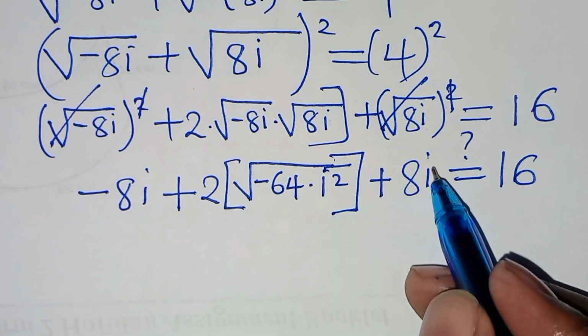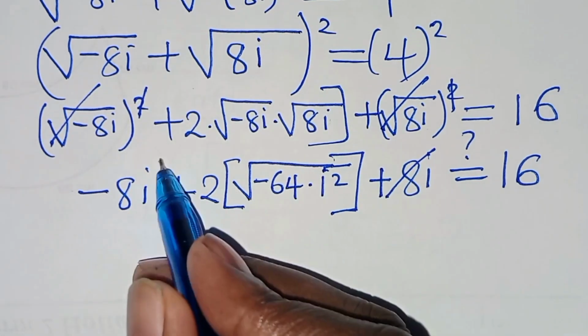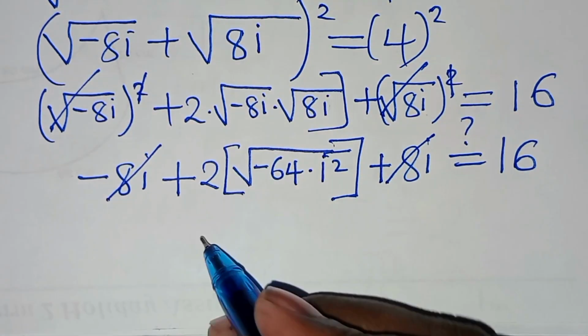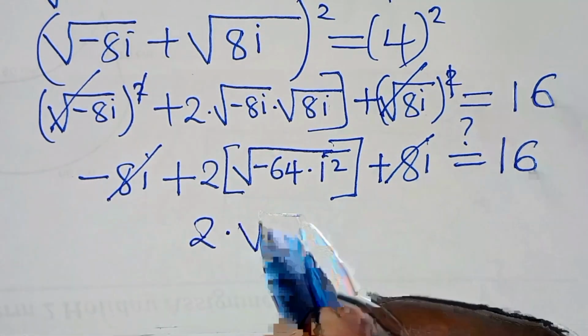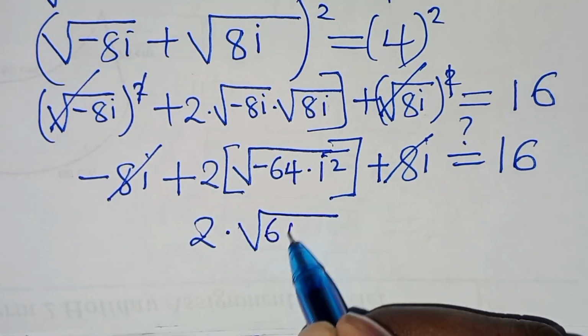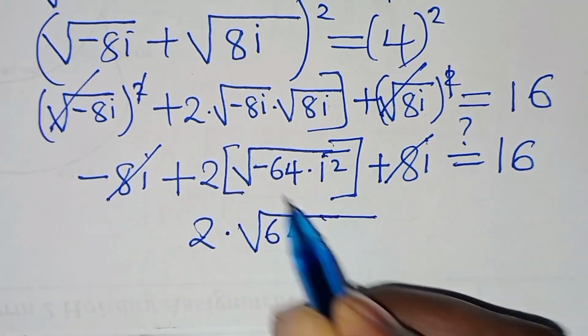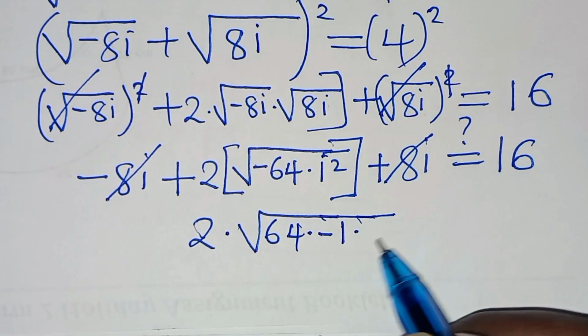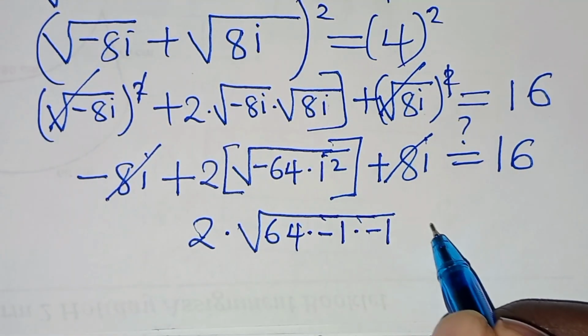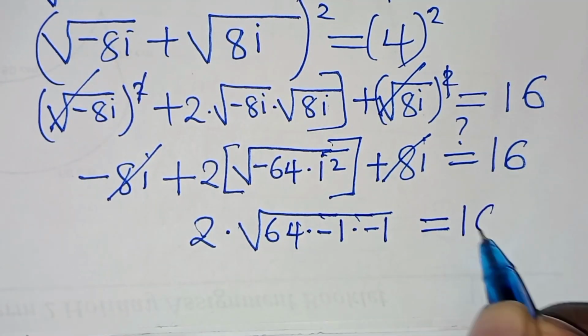Minus 8i plus 8i, this simplifies, so that here we have 2 times the square root of 64 times minus 1. i squared is the same as minus 1. This should give us a value of 16.